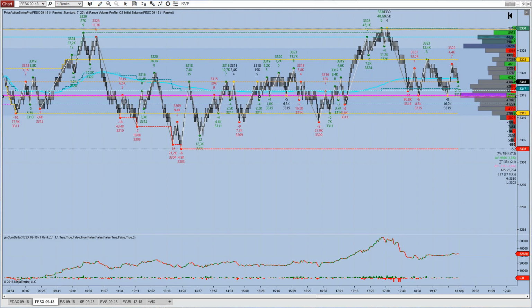The other two lines that are still on here, which I didn't discuss yet, are these dashed light blue ones, and that's basically the opening swing that I record in the morning when the regular trading hours start.